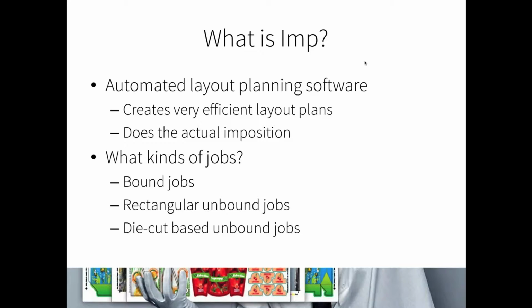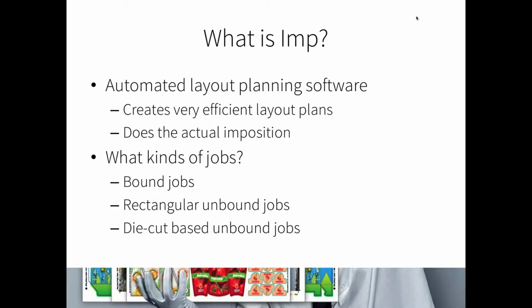I've covered this a couple of times before, but I think it's important to go over this again, also because my own understanding of products sometimes changes over time, and you learn what is more important to customers while dealing with implementations. So what is IMP? It's an automated layout planning software. And remark that I don't say imposition software, because it does more than imposition.